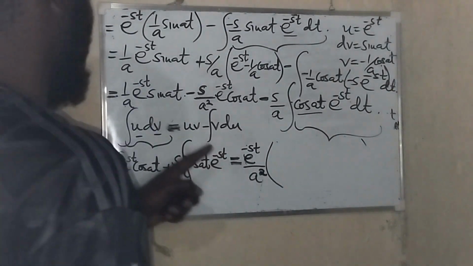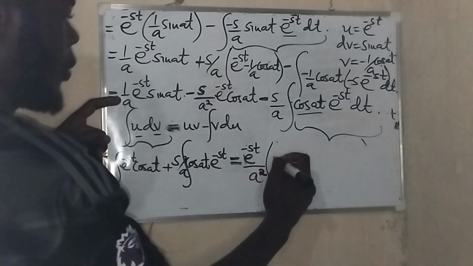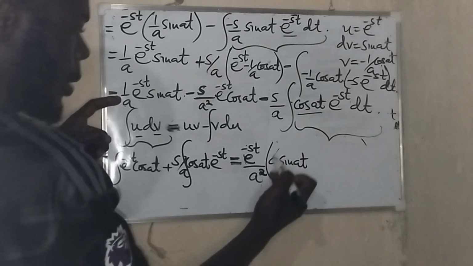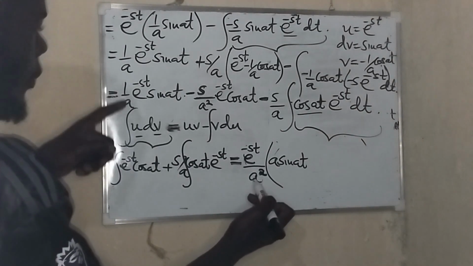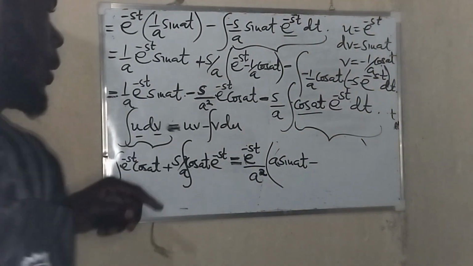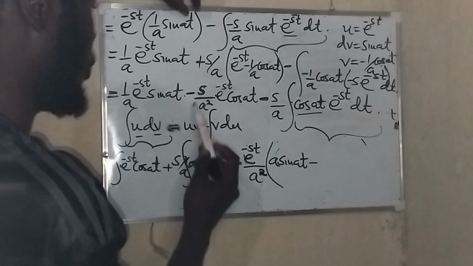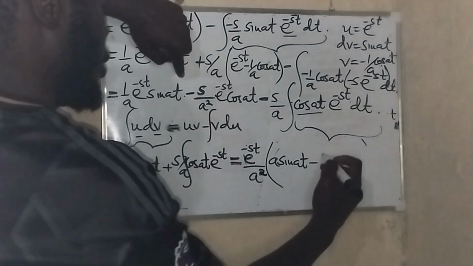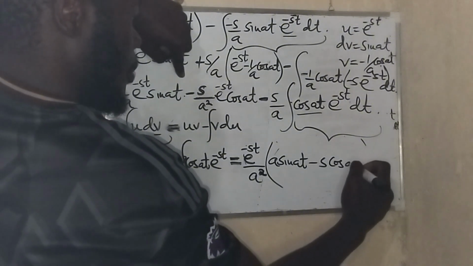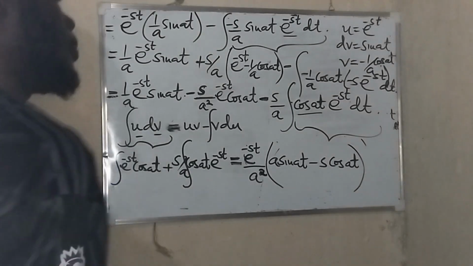So into bracket, we shall have a sine at, and to cancel here we have 1 over a, and minus, so here we shall have s cos at.